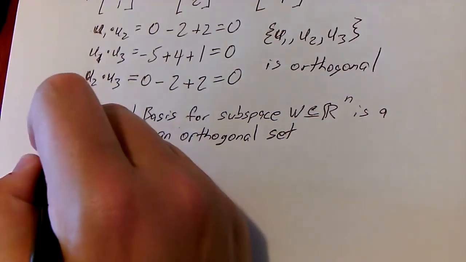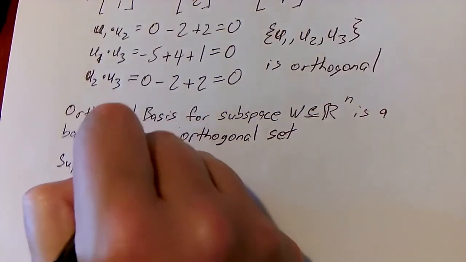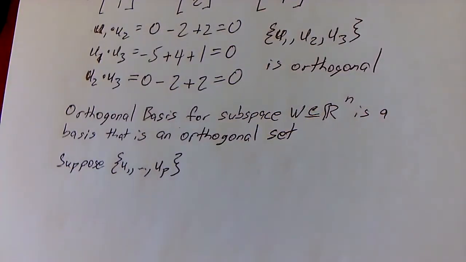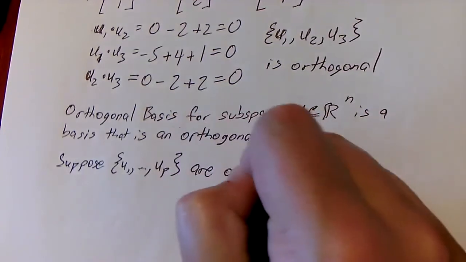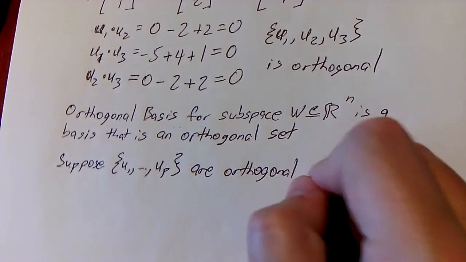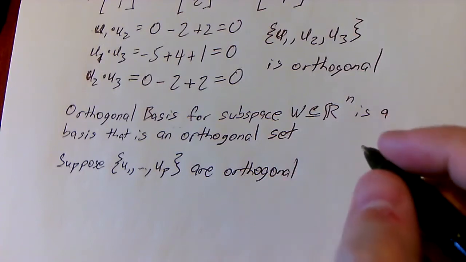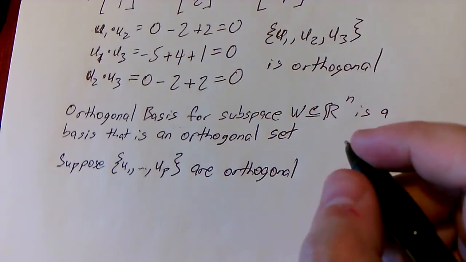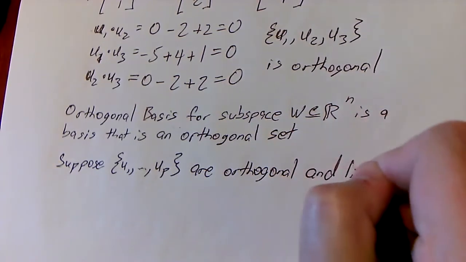If you have a set U1 to UP, so I have P vectors here, U1 through UP, that are orthogonal, and linearly independent.